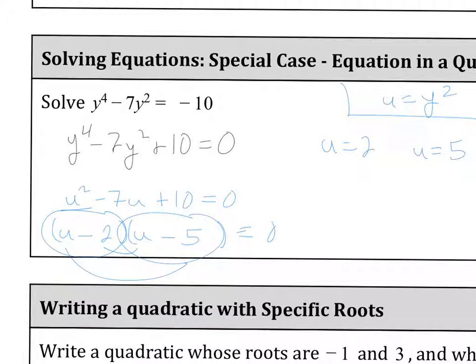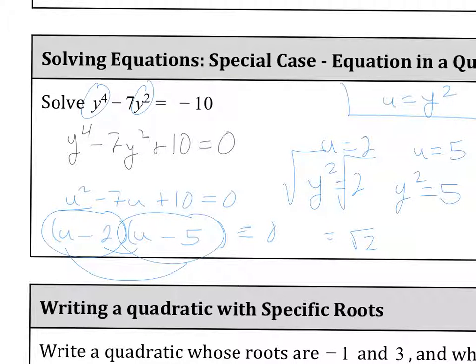But we are supposed to solve for y. So now that we've got this down to just a simple u and a simple u, let's replace that u with the original variable: y squared equals 2, y squared equals 5, and now we have to solve this. And this is where I hope you guys remember some stuff from your Algebra 1 class. If I square root something and I square root something, if it's not a perfect square, we're just going to leave it under the square root symbol.